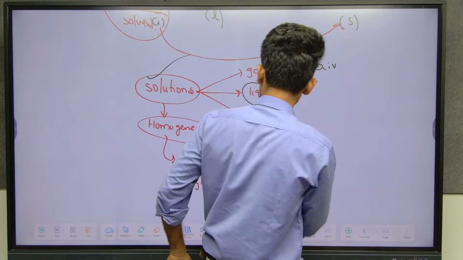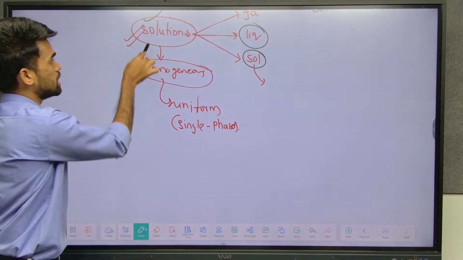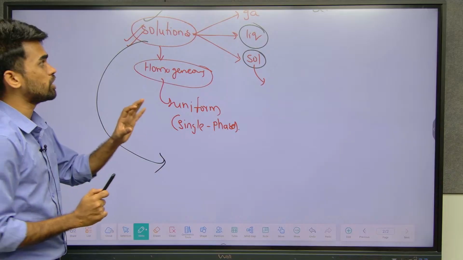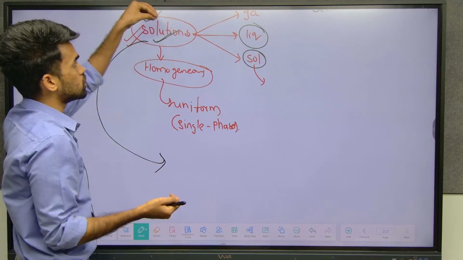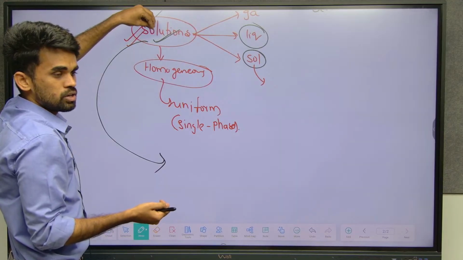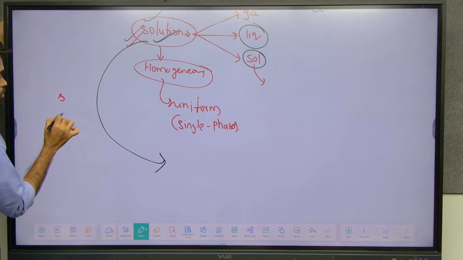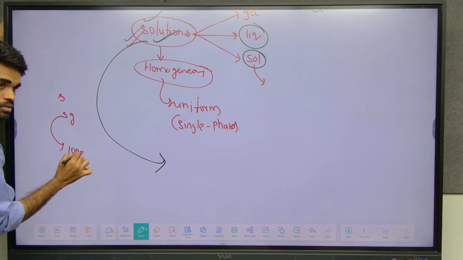Okay. Next. Now, in order to express the concentrations of the solutions, we have concentration terms. Like, what is the quantity of solute present in the solution. For example, I am making a salt solution by mixing 5 grams of salt in 100 ml of water.